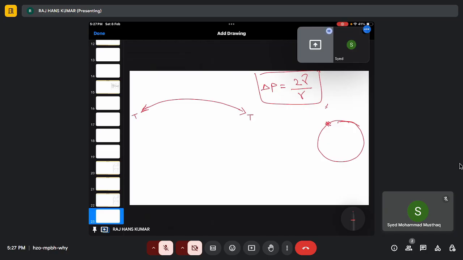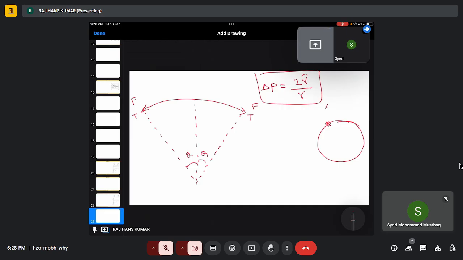Now, for our sake, let's say it's just a force. Let's not talk about surface tension now. For simplicity, let's take it as a force. So this is my theta, this is my theta, right?